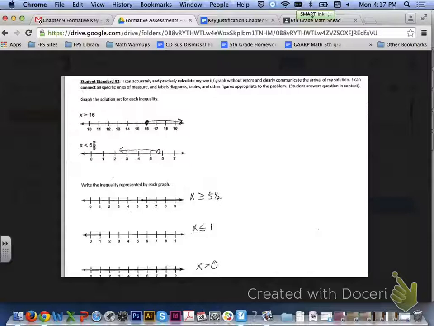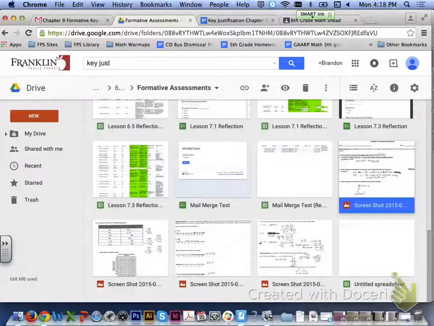Closed circle on 1, meaning 1 is included in that solution set, and arrow pointing to the left, which means all numbers less than 1 are also included in the solution set. And the last one, x is greater than 0, open circle at 0, arrow pointing to the right, meaning all numbers greater than 0. Okay, so that was the second part.